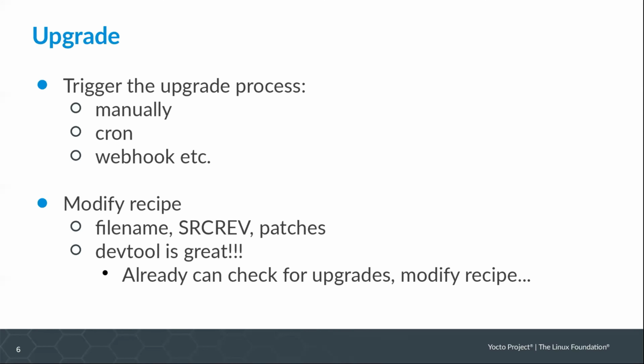And that means modifying the recipe, the file name, which usually has the version number in it, some kind of source revision, a commit hash, git hash thing, maybe some patch adjustments if they are still necessary, if there are modifications necessary.